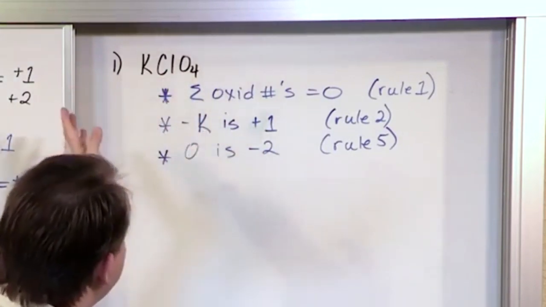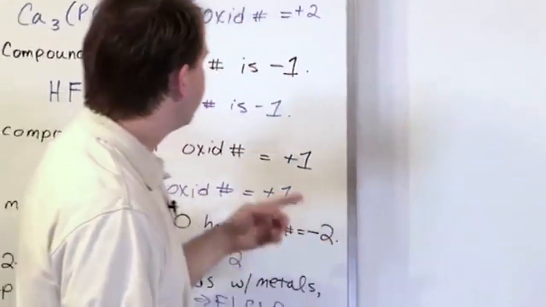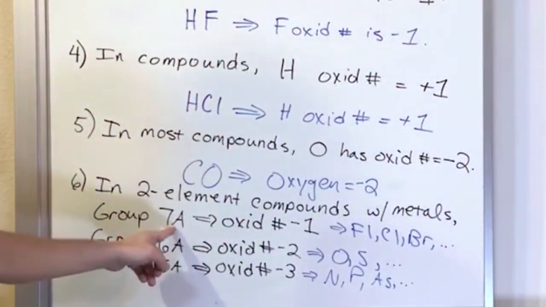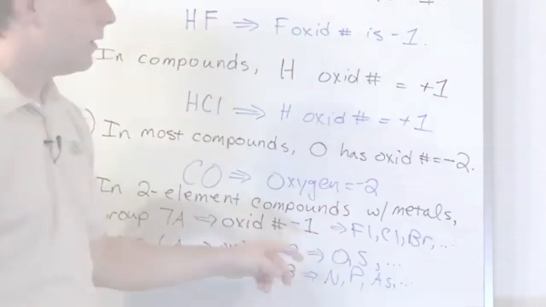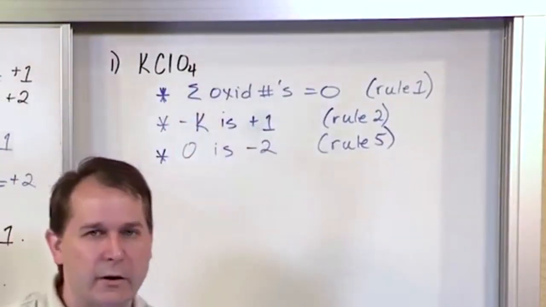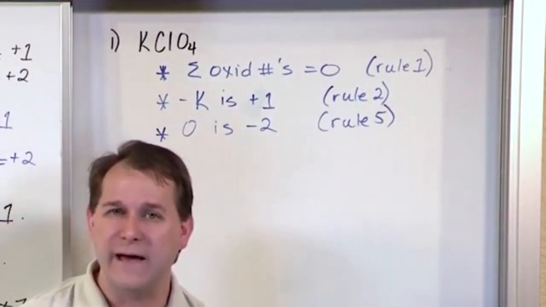A lot of students will think, okay, I'm going to keep looking down here and down here. Eventually, I'm going to get down to the group 7A nonmetals, and I'm going to see that they have oxidation number -1. So I might be tempted to put -1 for chlorine and say, okay, I've got all the oxidation numbers, but you would be wrong if you do that.